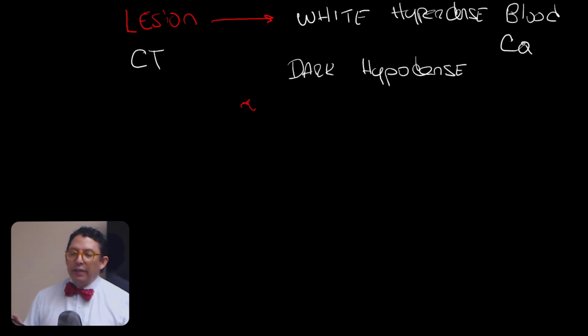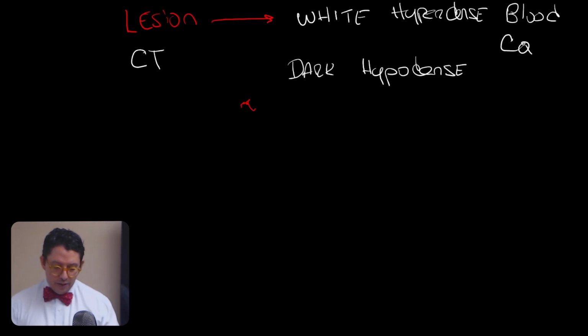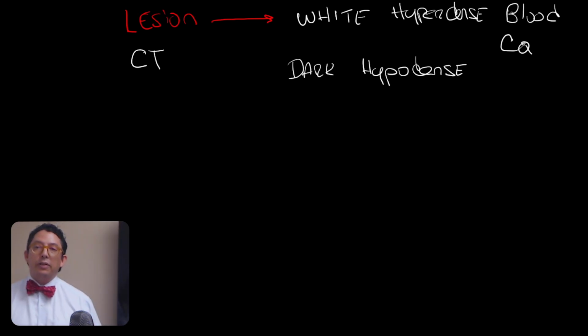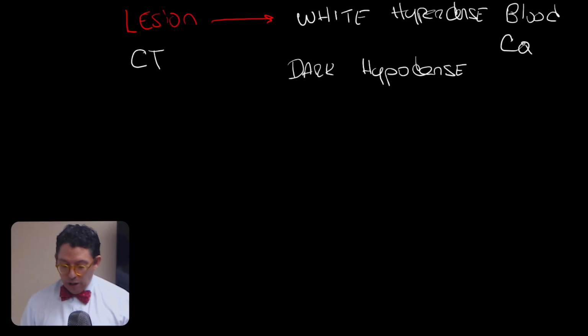So when you have something that is hypodense, you have three options. The first option is that the lesion has a loss of volume around it.